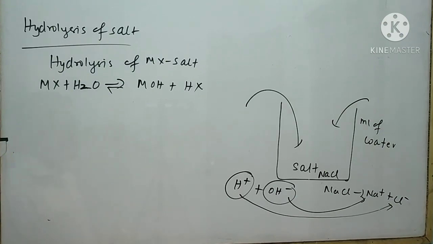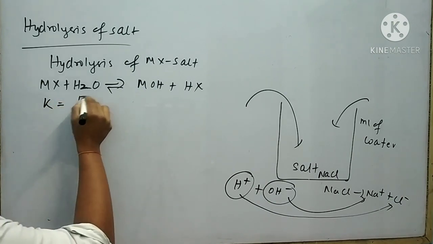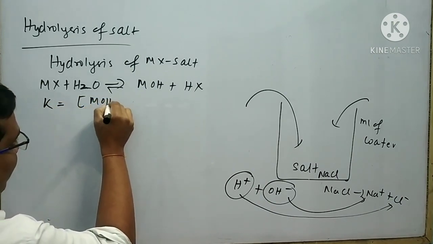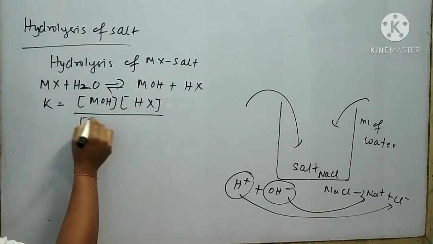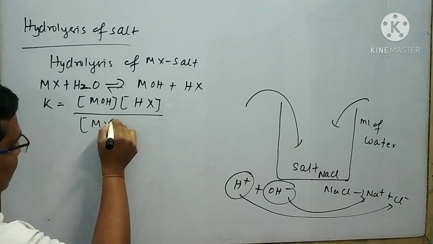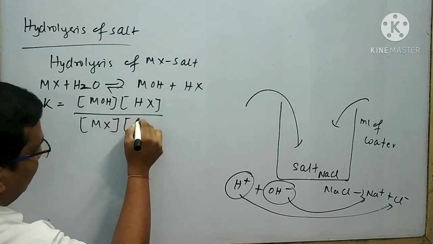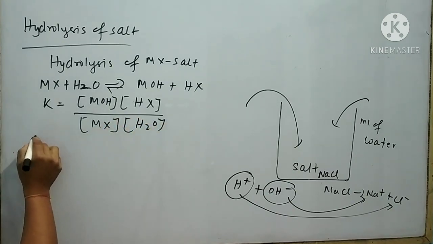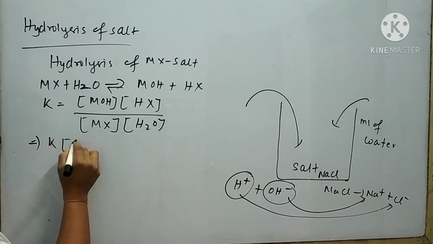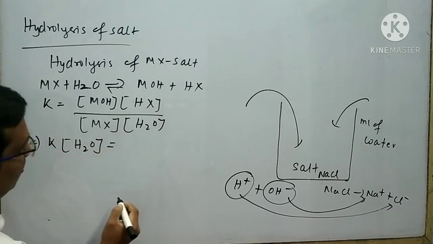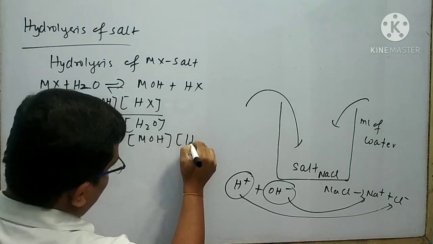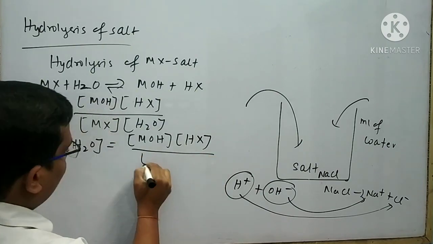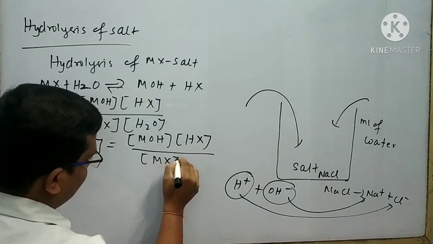By applying law of chemical equilibrium, here I can write K equals molar concentration of MOH into molar concentration of HX divided by molar concentration of MX into molar concentration of water. This implies K into molar concentration of water equals molar concentration of MOH into molar concentration of HX divided by molar concentration of MX.